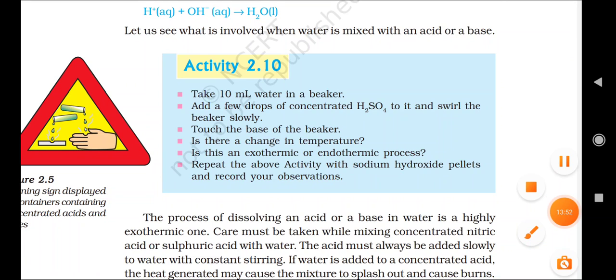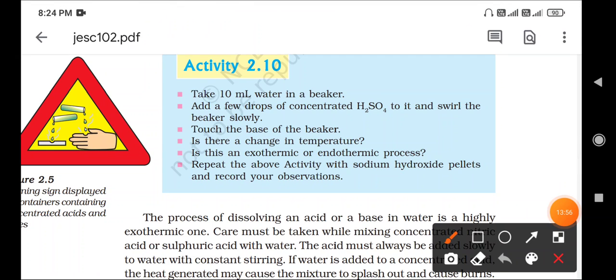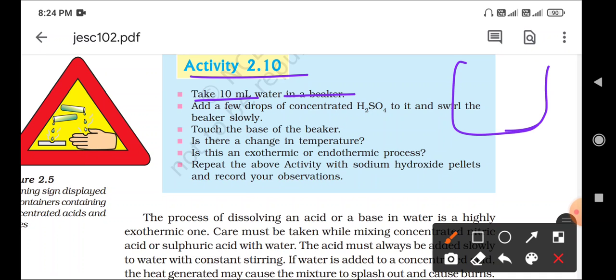What happens when an acid or base is mixed with water? That is Activity 2.10. Take 10 ml of water in a beaker.